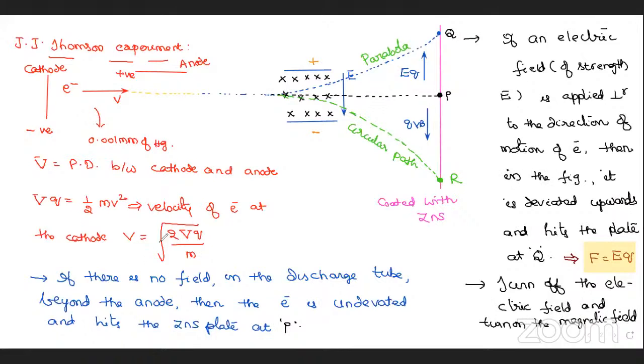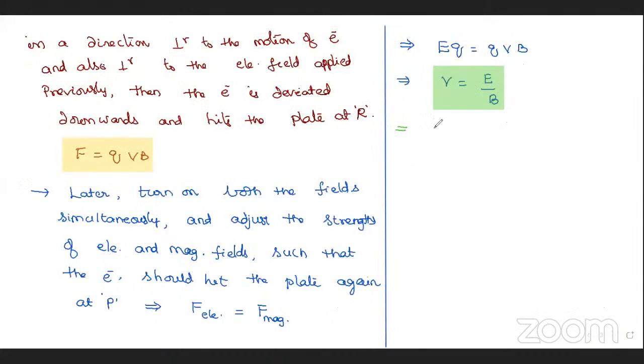Sir, half mv square equals to v. From there we know the velocity. That's what he did here. And we get this relation with potential. Let's see what you get there. That implies, as we know, VQ equals half mv square.